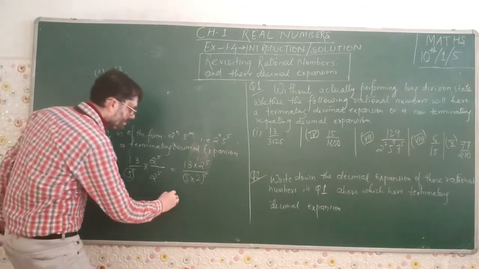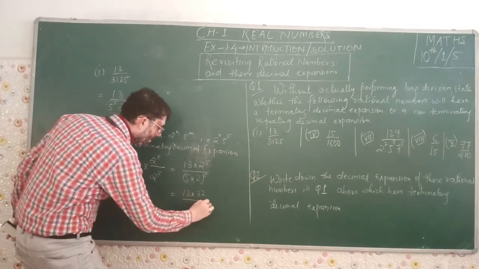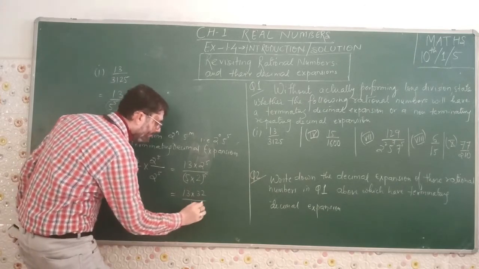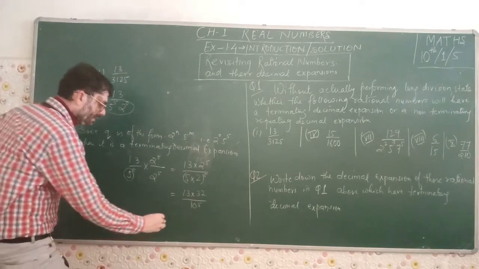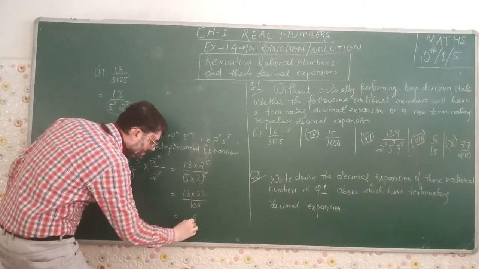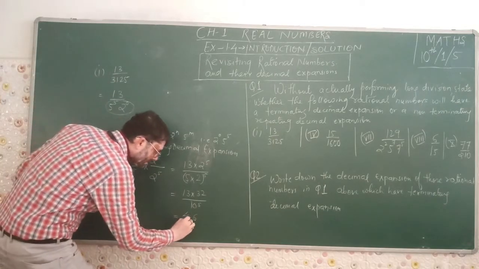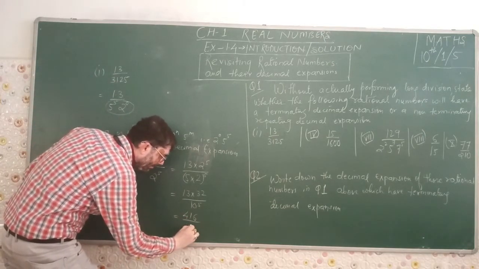Now this becomes 13 into 32 by 10 to the power 5. And if you multiply the numerator, 13 into 32, it is 416 upon 10 to the power 5.